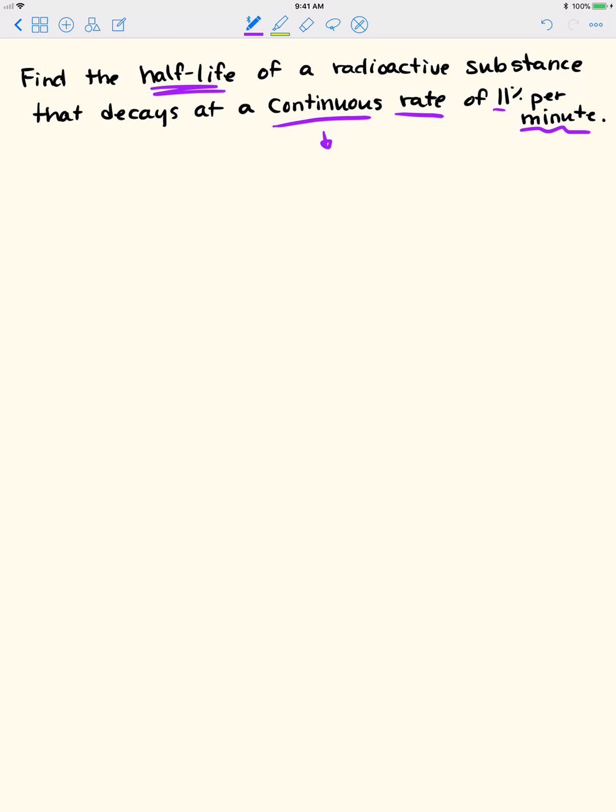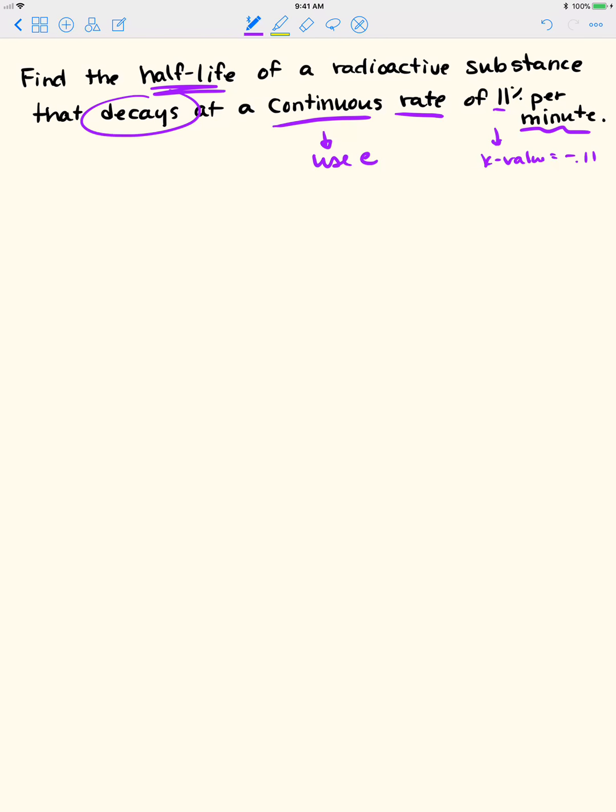So the fact that it's continuous is going to use e. The 11% per minute is going to use a k value of positive 0.11. You change 11% to a decimal, divide by 100. But nope, just kidding, it is not positive. The k value is going to be negative because it is decay. So negative 0.11. Apologies there.